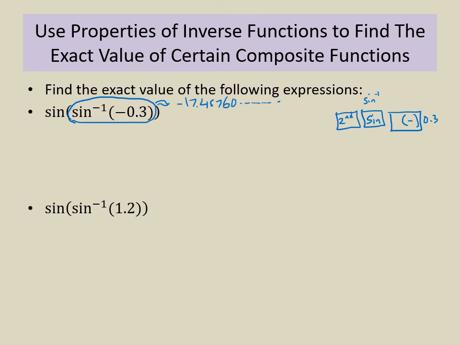Now what you do not want to do is round this. You don't want to say, for example, that's going to be approximately negative 17.5, and then next you do sine of negative 17.5. That's going to be a huge mistake.